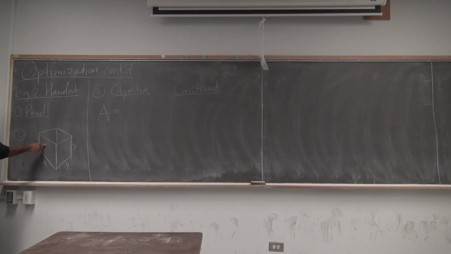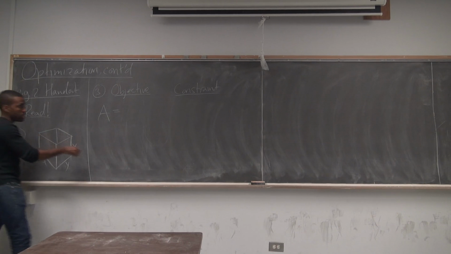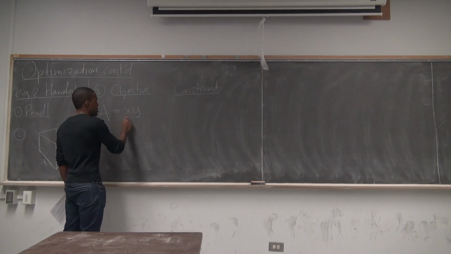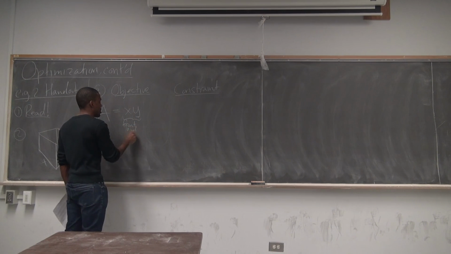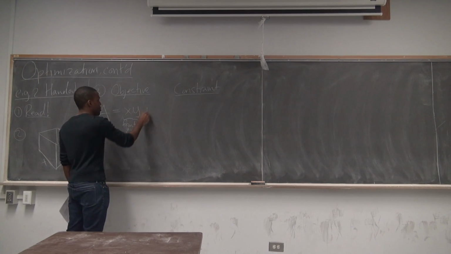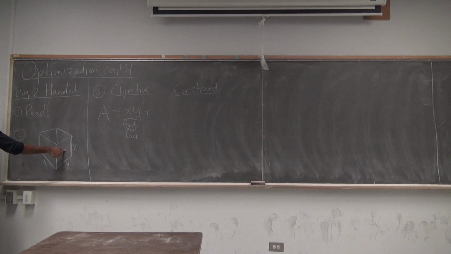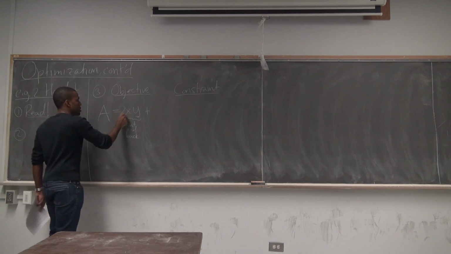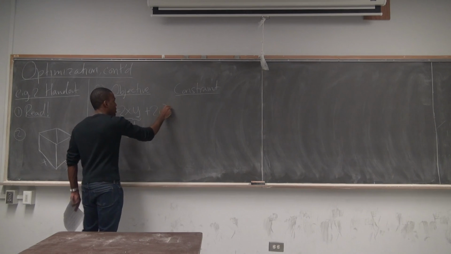So here, what's the area of this? X times y, which is going to be the same as that. This is x and y. This is for the front and back. Plus y squared plus another y squared. Right, so there are 2 of these for the front and back. 2y squared.